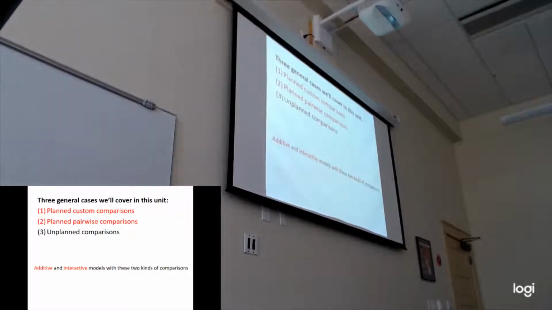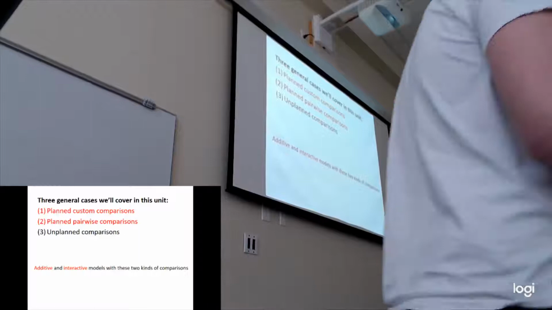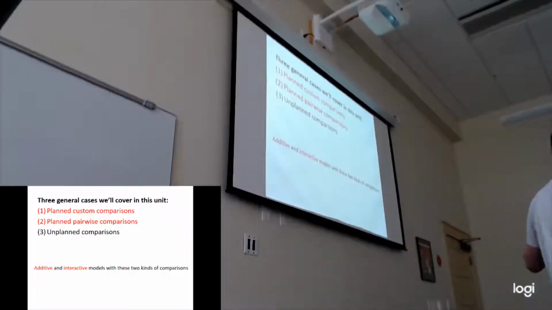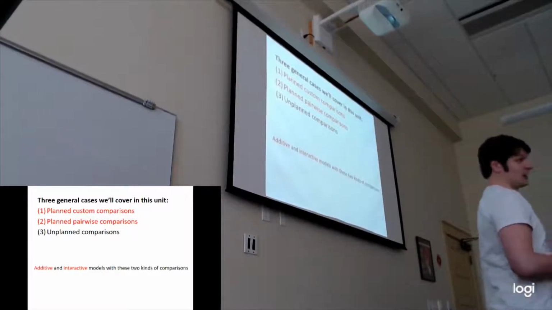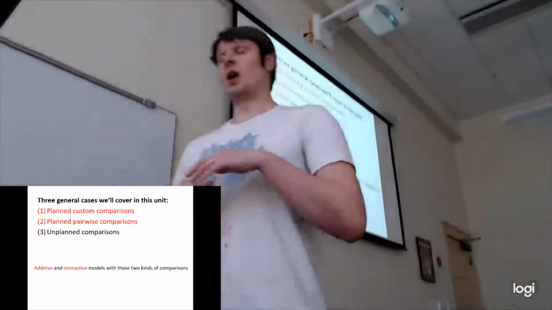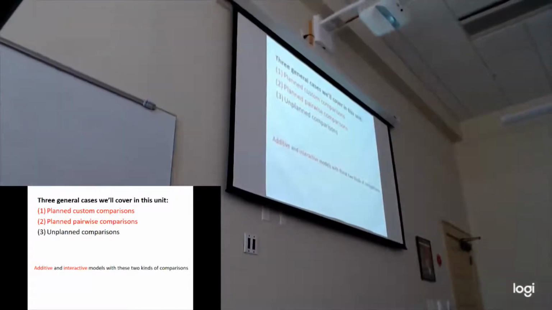I'm going to be using the same data set or research scenario the entire lecture today. And that'll allow you to see what changes when you move from the additive to the interactive model, and what stays the same. Monday we'll get into other research scenarios, but today I'm just going to be focusing on one.